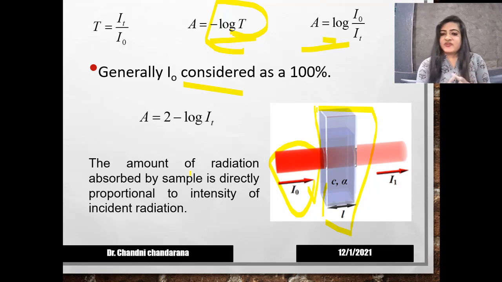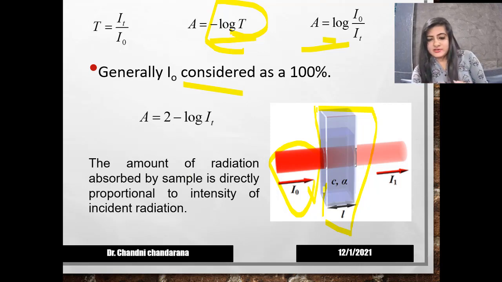The amount of radiation absorbed by the sample is directly proportional to the intensity of incident radiation. Here you can see this is a sample, and we can see the clear difference.